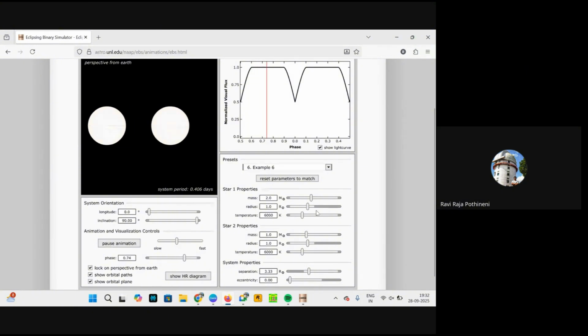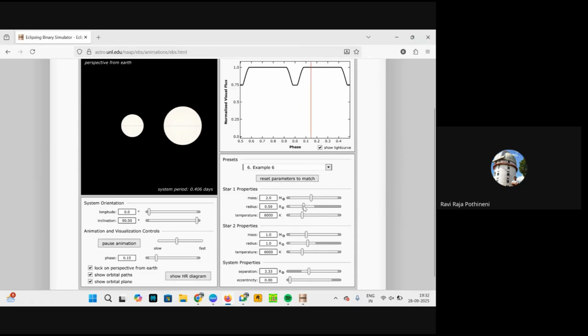Now let us try to change the sizes also. I'm changing the size of one of the stars and increasing its mass drastically. And let us decrease its size, something like this. Now let us decrease the temperature also, and increase the temperature of the primary star. Now you can see.